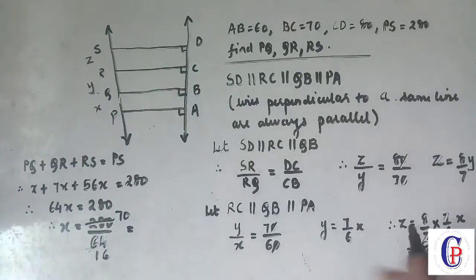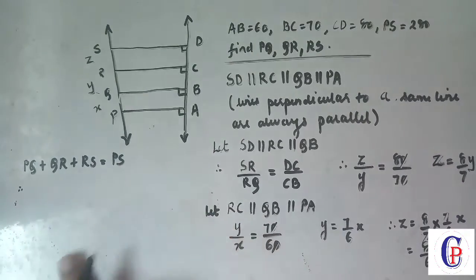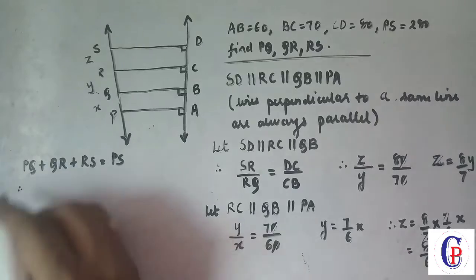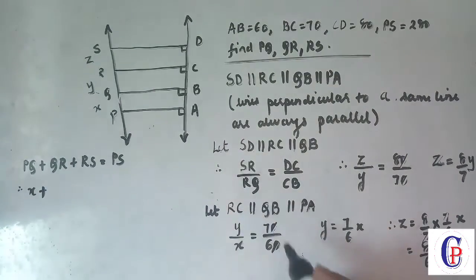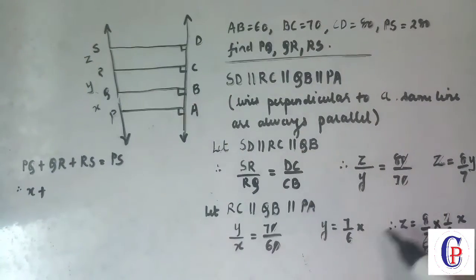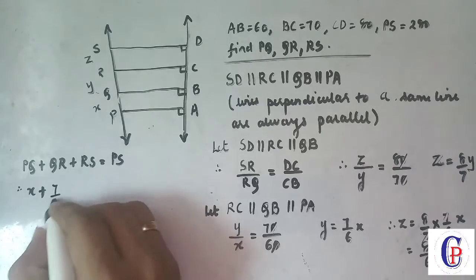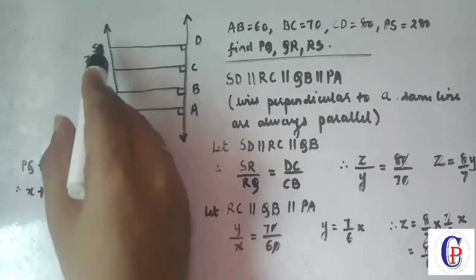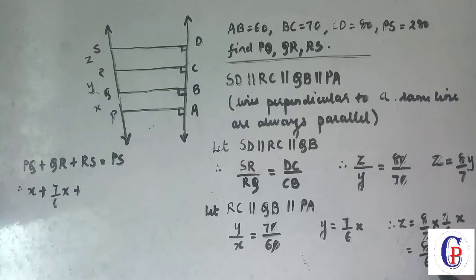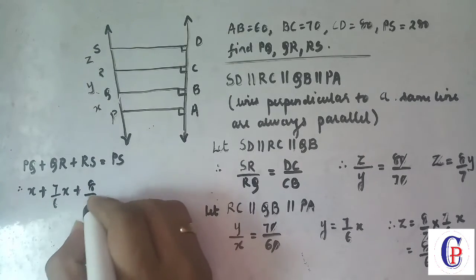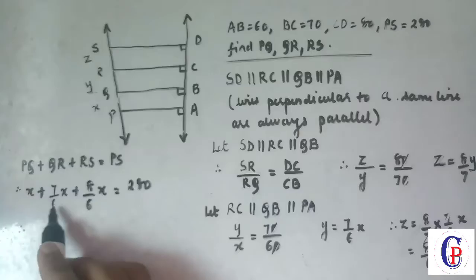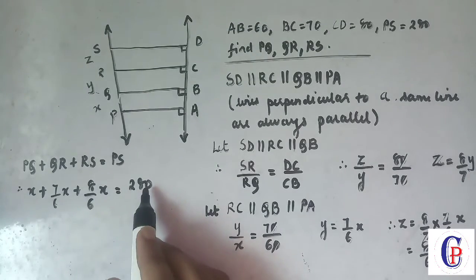So this calculation becomes PQ is X, QR is Y, whose value is 7 upon 6X, plus RS, which is Z, 8 upon 6X, and the total is 280. To remove this 6, we will multiply throughout by 6.